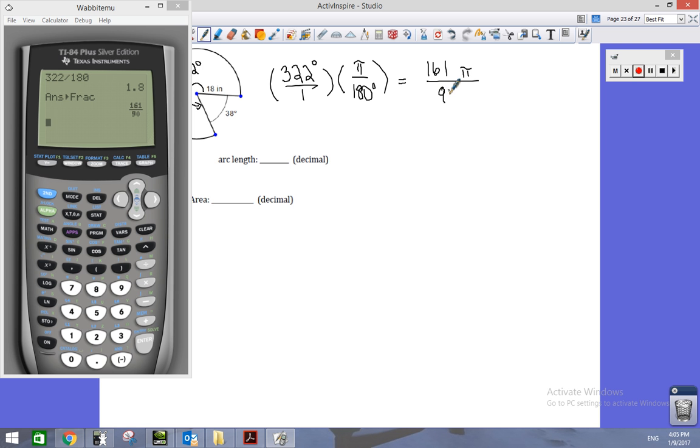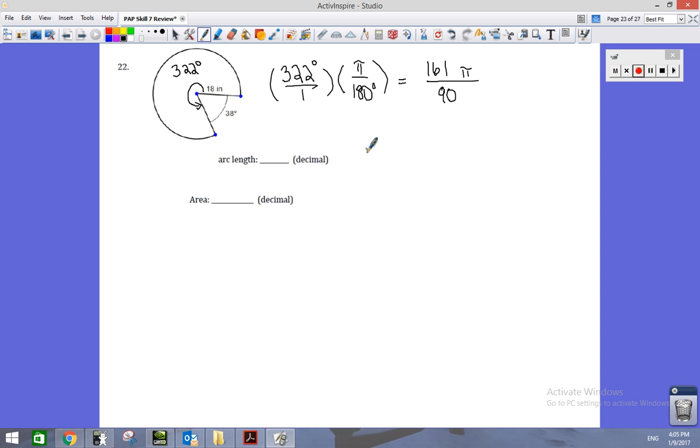That's an ugly radian measure. Alright, so the arc length S is equal to R times theta, where R is 18 inches, and the theta in radians is this ugly 161 pi divided by 90.